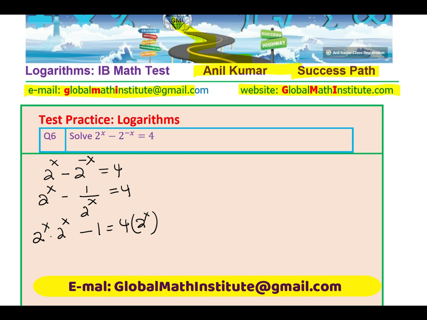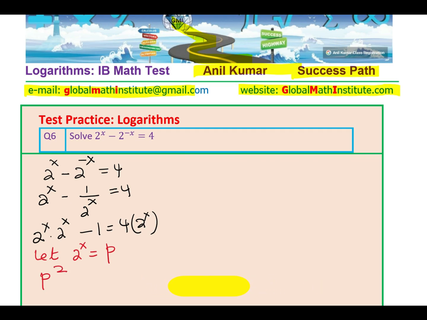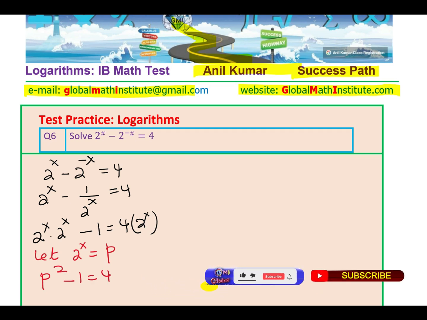Now, as you can see, this becomes a quadratic equation. So let's do a substitution. Let 2 to the power of x be some number, let's call it p. So we get an equation which is p squared minus 1 equals 4p.